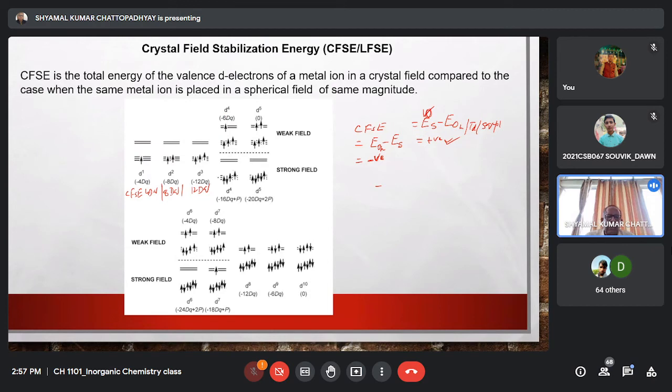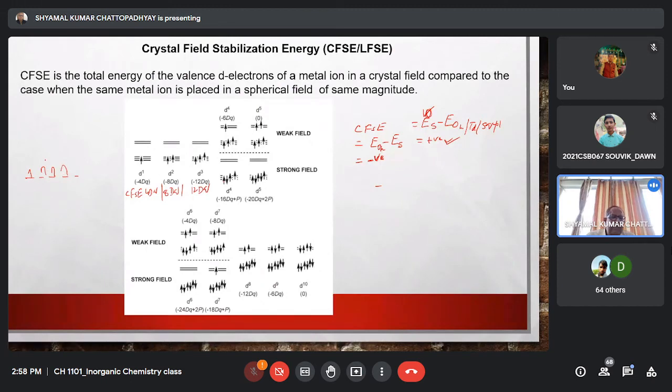Now in the second configuration, 4 electrons are placed in the t2g orbital, so the energy is minus 16 Dq. But here we have to add a pairing energy. Why? Because in a spherical field, when there is no splitting and all the d orbitals are degenerate, if you fill d4 there are 4 unpaired electrons. Now you have forced a pairing.